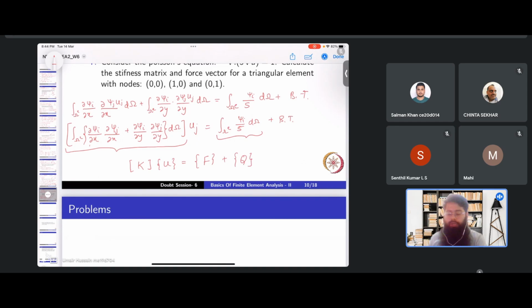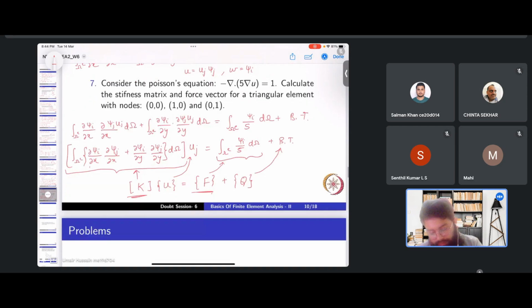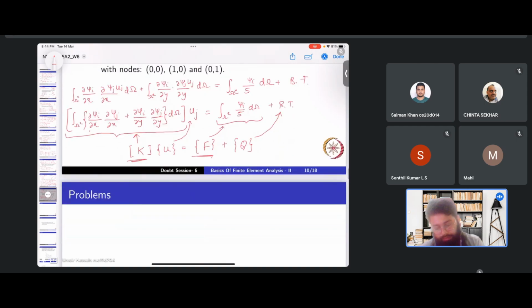This is how we generally write our algebraic equation in FEM. So this here is our K u, and q is a boundary term, right? So we need to find these two. First of all, we need to get our psi i and psi j. So we're given a triangle here.